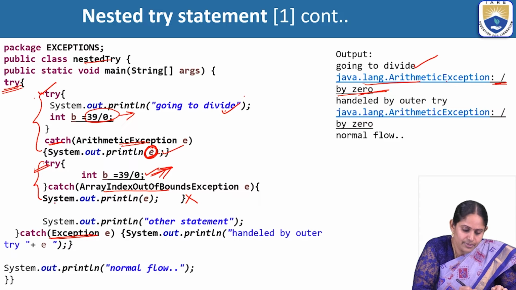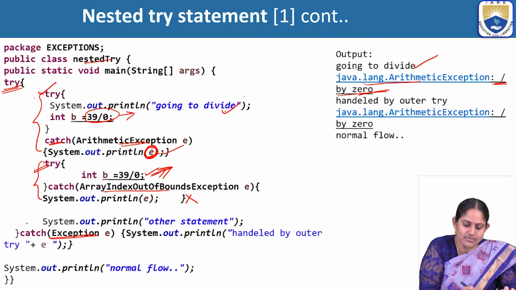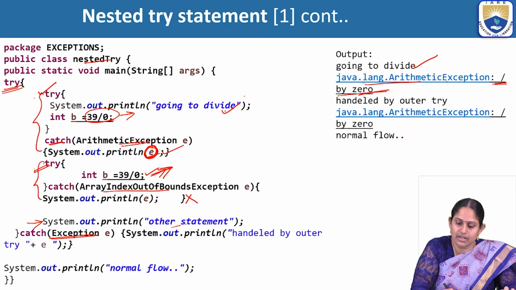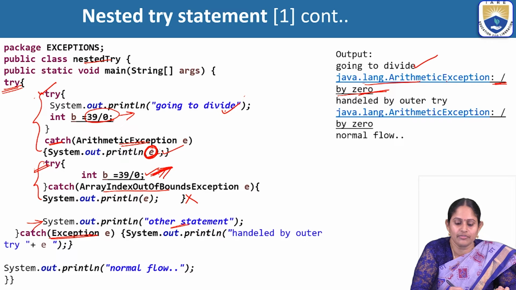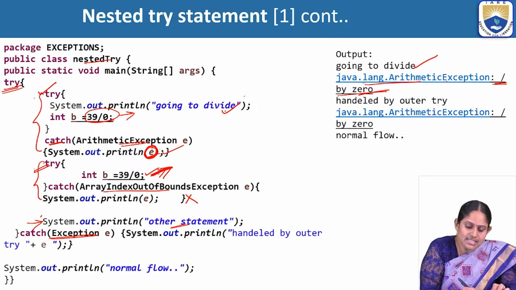So here, after these two try statements, we have a statement. This statement will not be executed since there is no proper handling of the exception thrown at this point by a matching catch block.